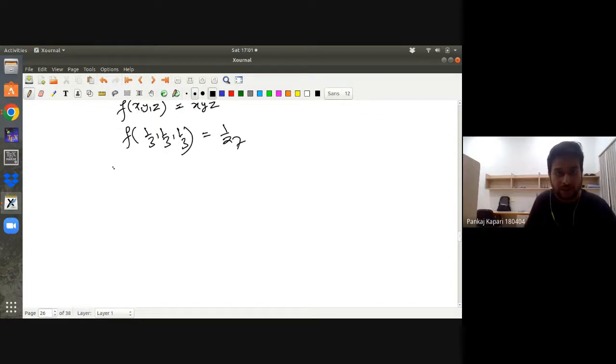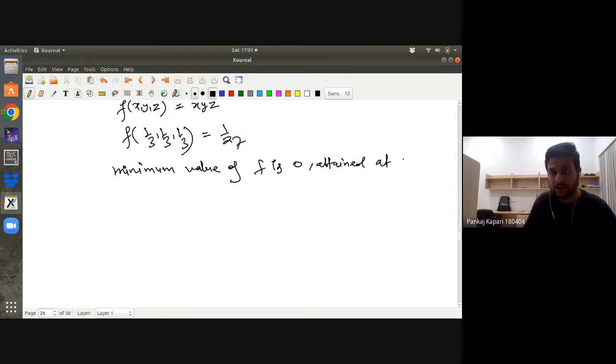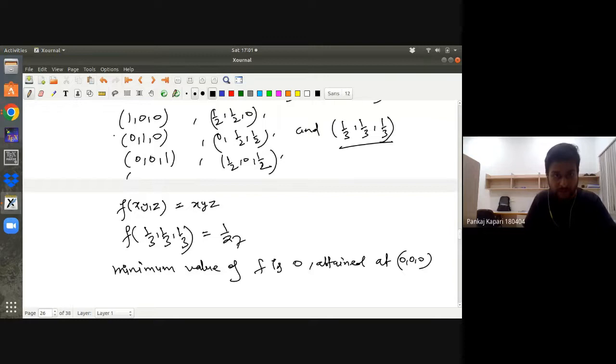This shows that the minimum value of f is 0, which is attained at 0 comma 0 comma 0 and several other points. So there were a lot of points. Let us call all this set of points S.